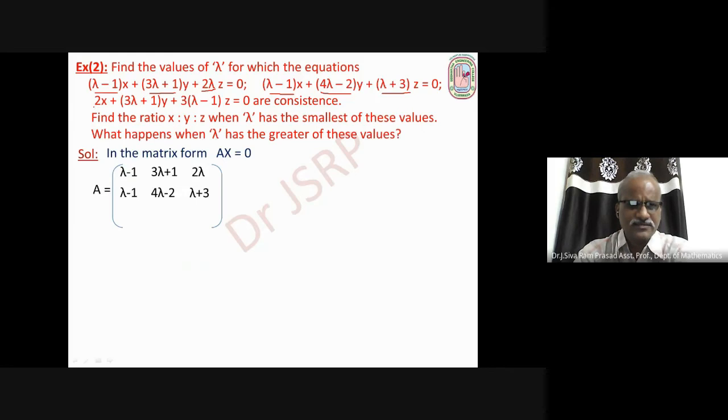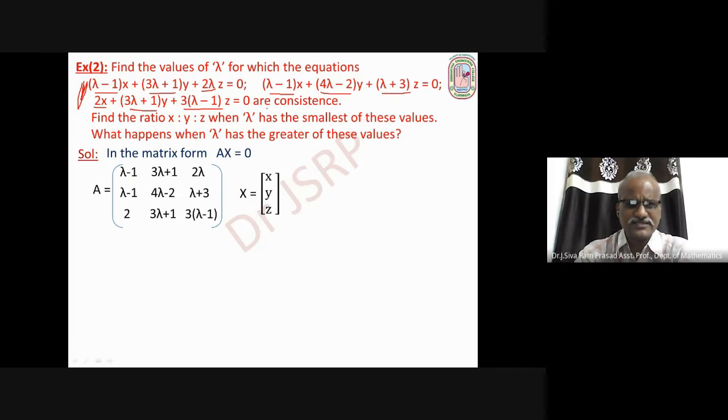In the third row, x coefficient 2, y coefficient 3 lambda plus 1, and z coefficient 3 into lambda minus 1. This is the coefficient matrix. And write column vector X as x, y, z, the 3 variables.